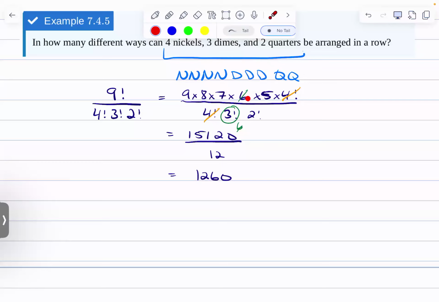But this is why I wanted to make sure. If you recognize that 3 factorial is 6 and you want to cancel these 6s, that would be allowed. But it's not something that I would expect you to do.